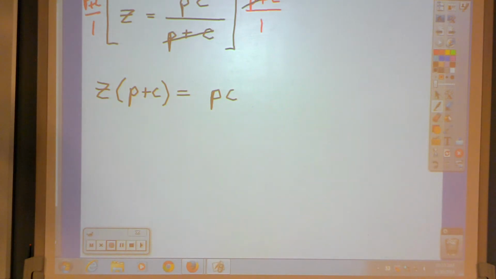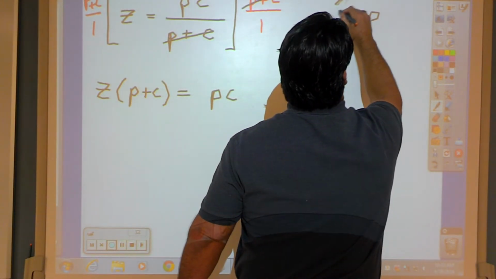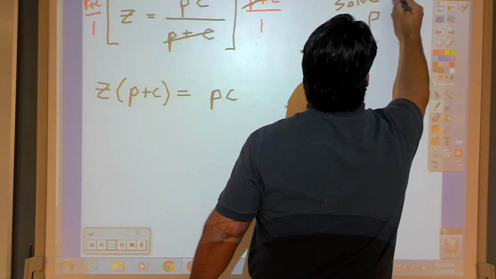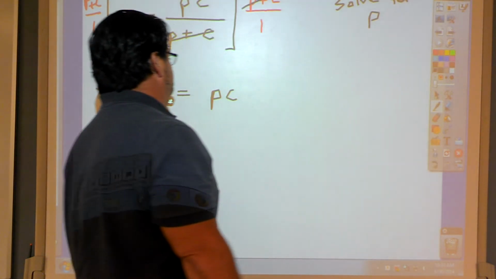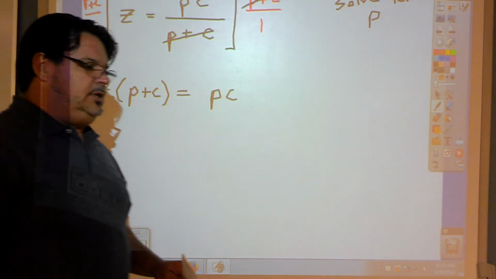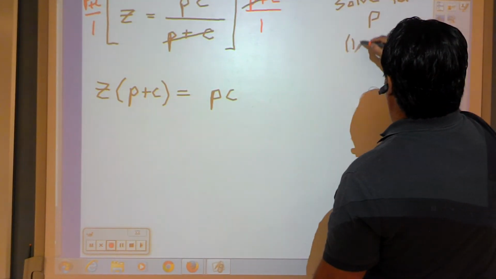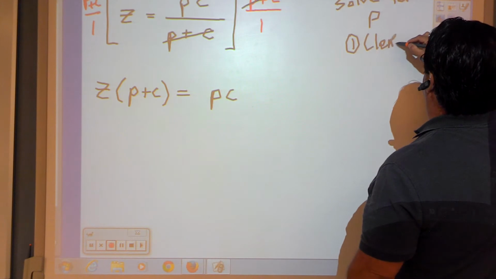Now, we've got it all on one level, so all we need to do now, it says solve for P. One of the rules that you need to learn for solving formulas, the first one, is to clear the fraction. We've done that.